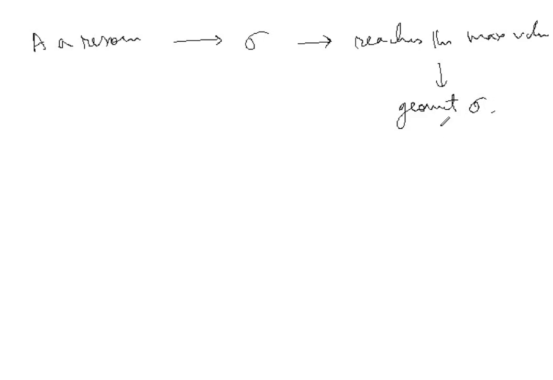And from quantum mechanics, you know what is the value of this geometrical cross section? Simply pi lambda cross square, where this is the de Broglie wavelength. So this lambda dB is basically h cross by p equal to h cross by root over 2mE.